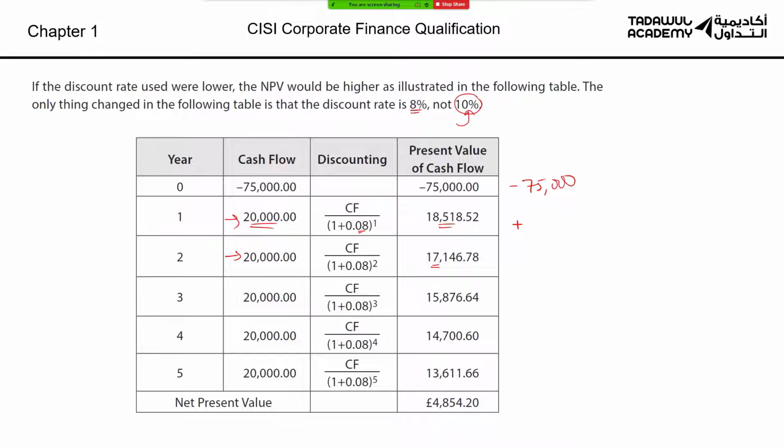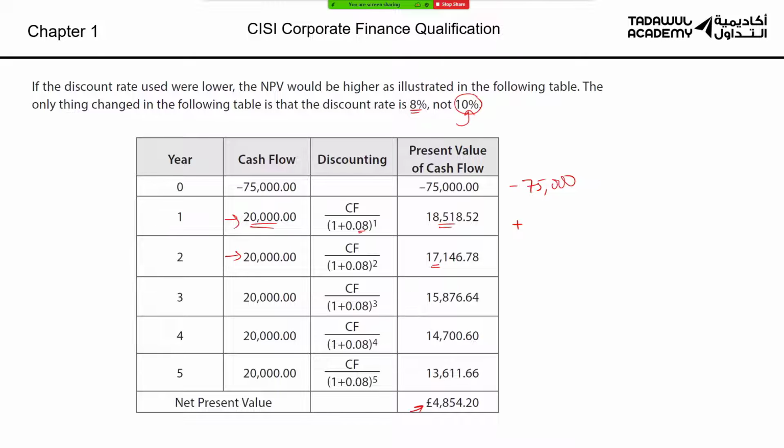18,518.58 plus, some of you would say, well, Kareem, just add this £4,000 to the 75. I know it's that simple, but we still want to calculate it to see whether CISI and the book have added it correctly. 18,518.52, and yes, sometimes there can be mistakes. Always assume that.